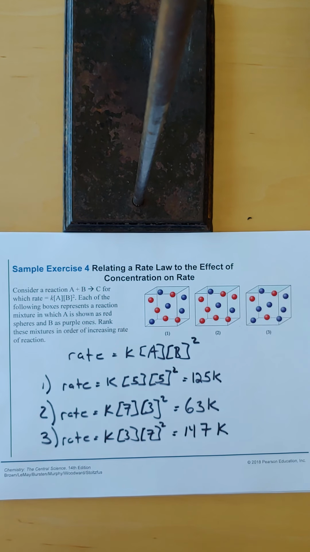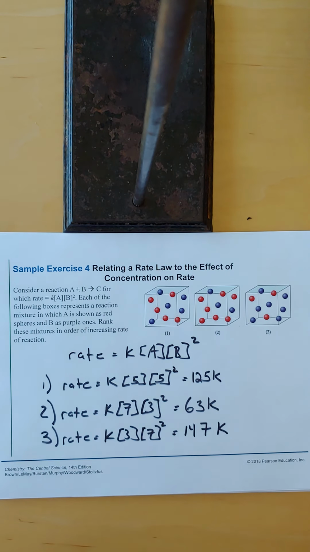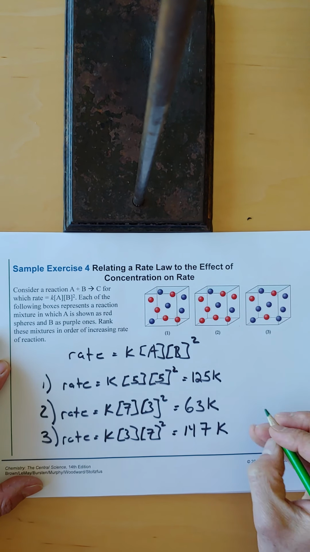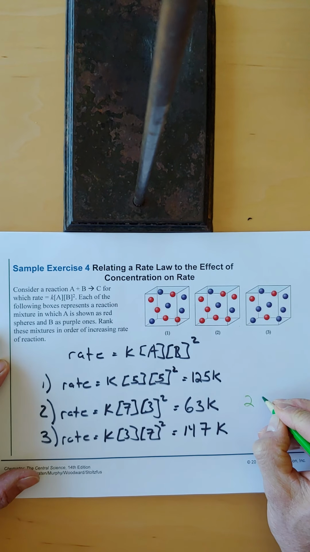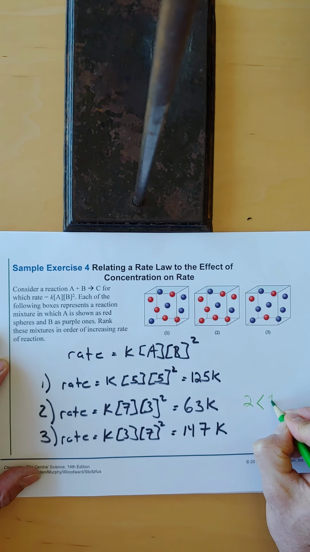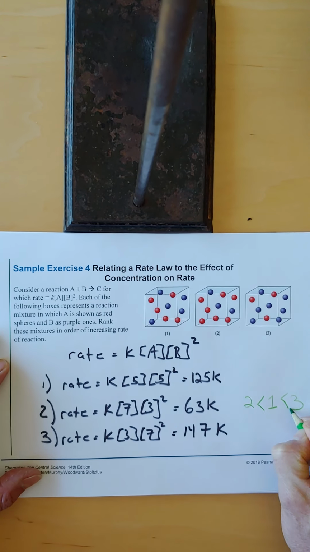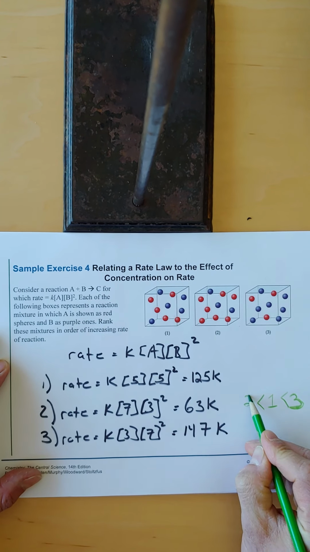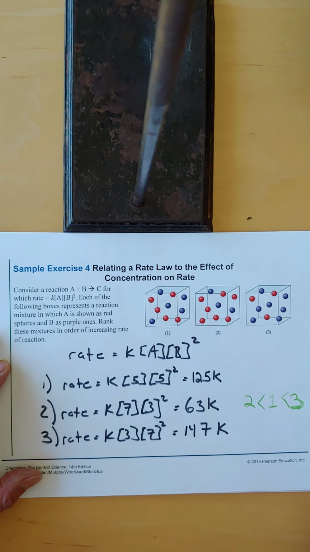Now if I want to rank these in order of increasing rate, then we're going to say that box 2 is slower than box 1, which is slower than box 3. So box 3 would be our fastest, and 2 would be our slowest. So we've got 2, 1, and then 3 in order of increasing rate.